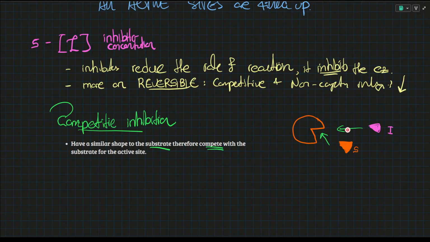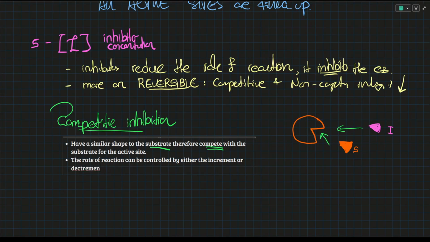The second point that I have to mention is that now that you have the idea, the rate of reaction can be controlled by either the increment or decrement in substrate and inhibitor concentration.